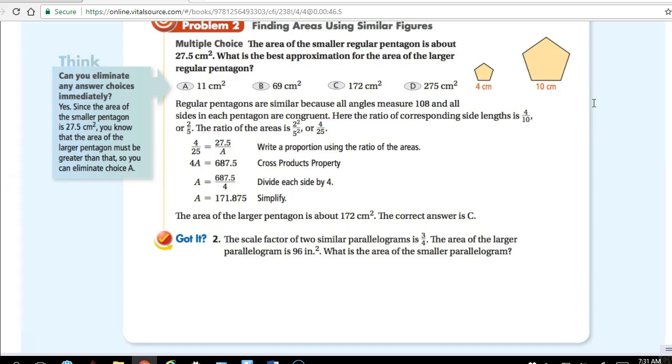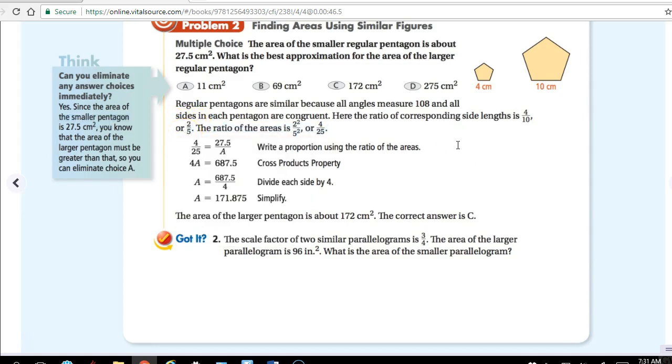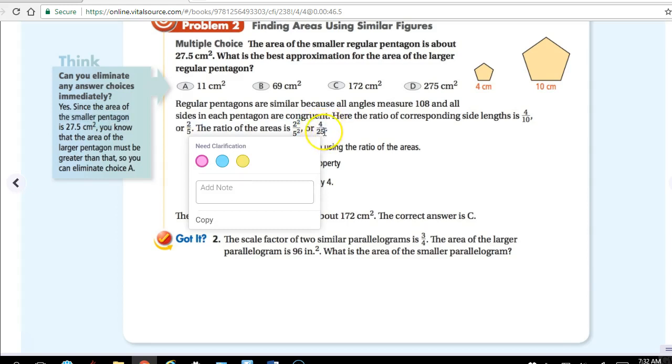And 4 to 10 simplifies down to 2 to 5. Now, because we're not talking about length, we're really talking about area, then we have to square those units. So a 2 to 5 ratio for area becomes 2 squared, which is 4, and 5 squared, which is 25.